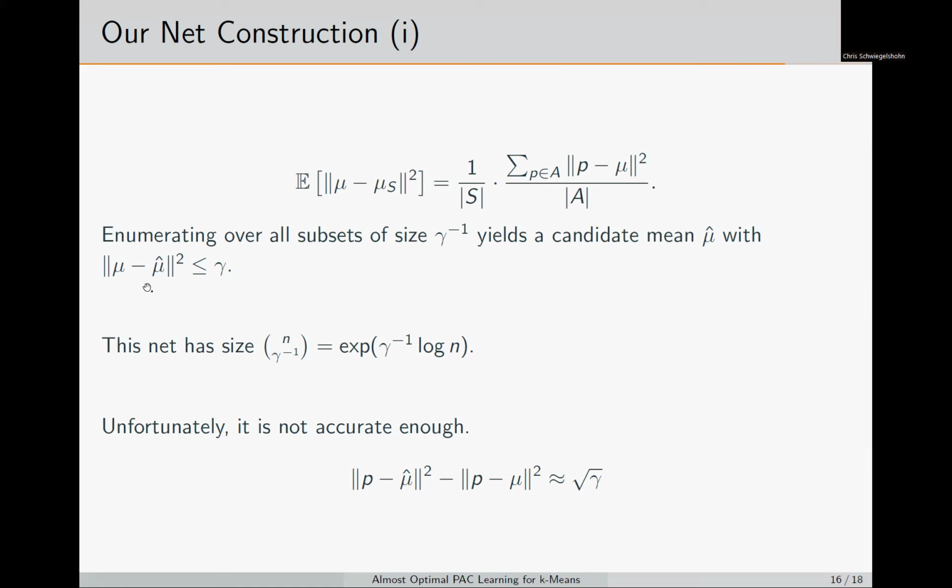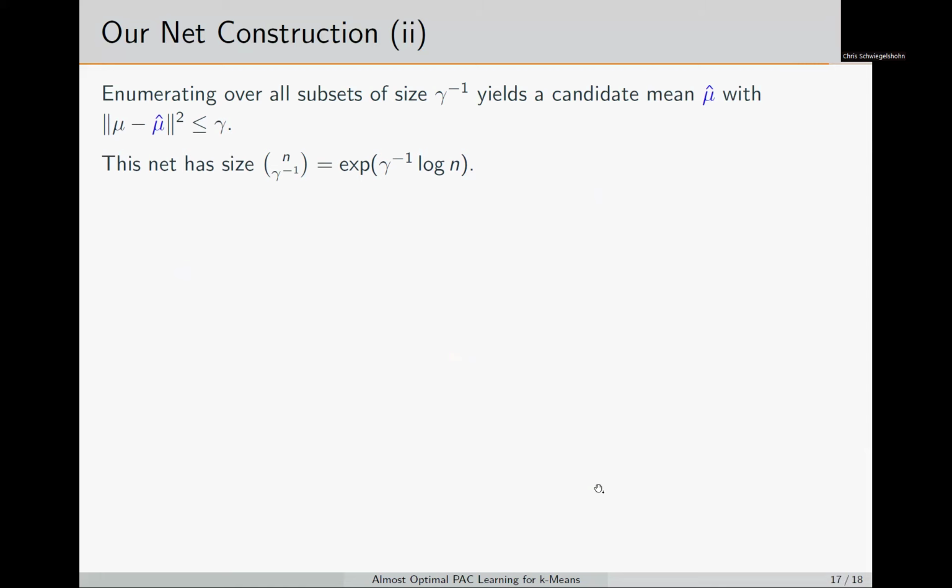We are not interested only in getting a candidate mean that is close to the true mean. We also need this candidate mean to be close in terms of the cost for any other given point. Unfortunately, this guarantee only implies that the cost is close up to a square root of gamma, whereas we need an actual gamma term here.